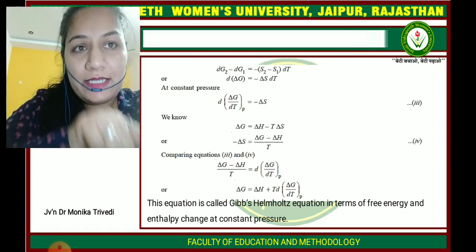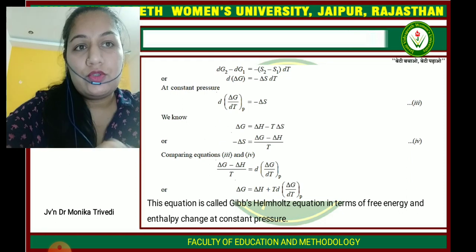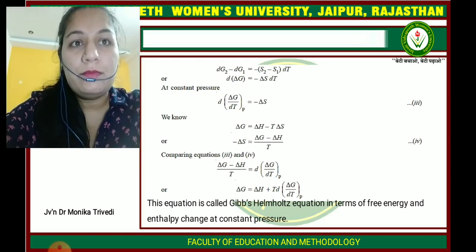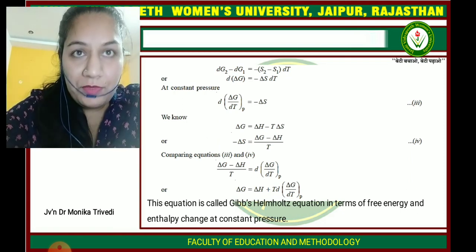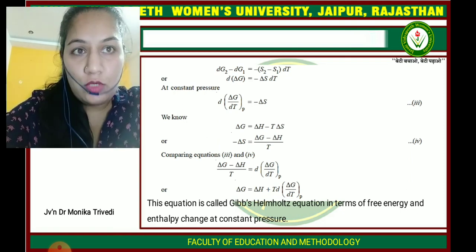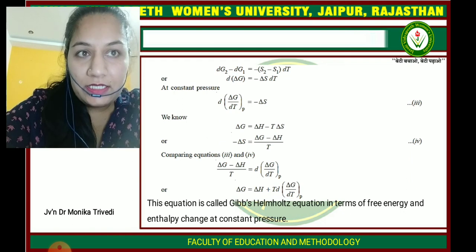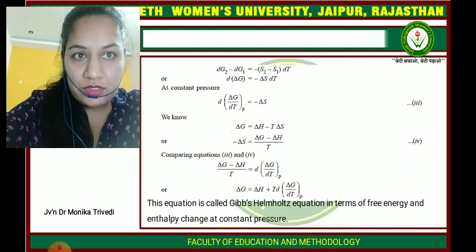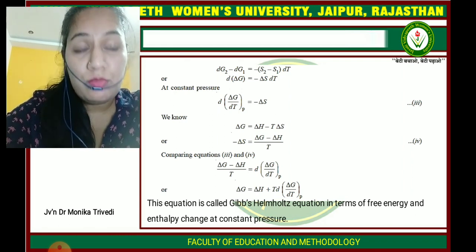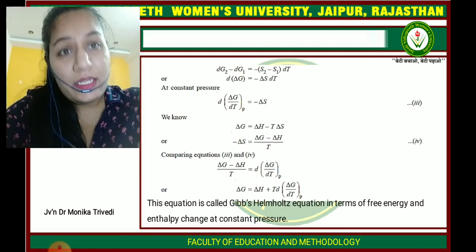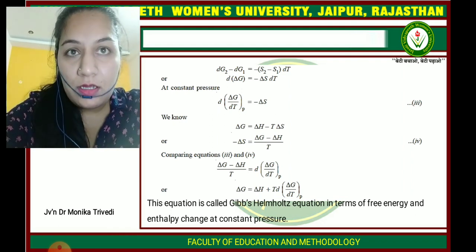(Del G minus del H) by T is equals to d del G by dT at constant pressure P. If we simplify this equation, we get del G is equals to del H plus T d del G by dT at constant pressure. This equation is called the Gibbs-Helmholtz equation in terms of free energy and enthalpy change at constant pressure.